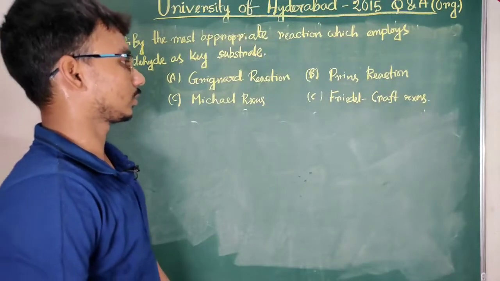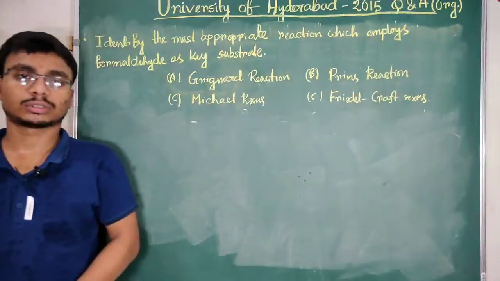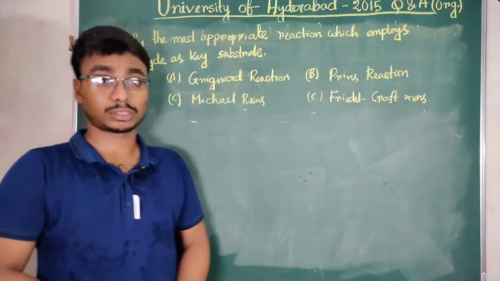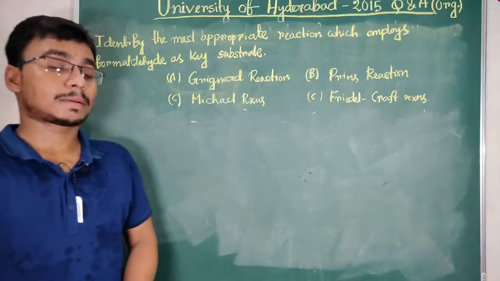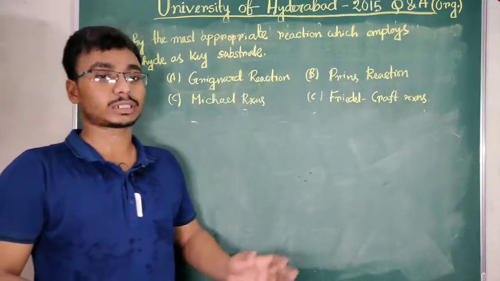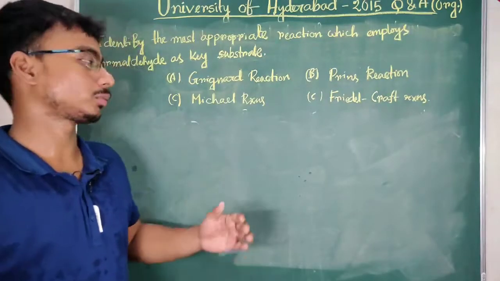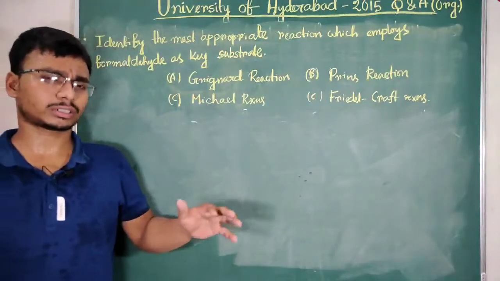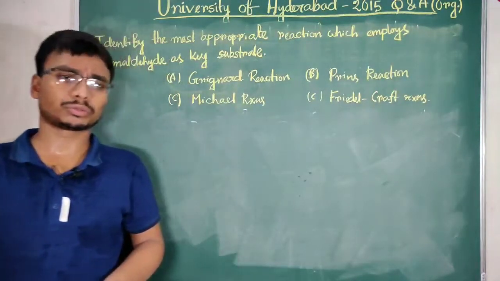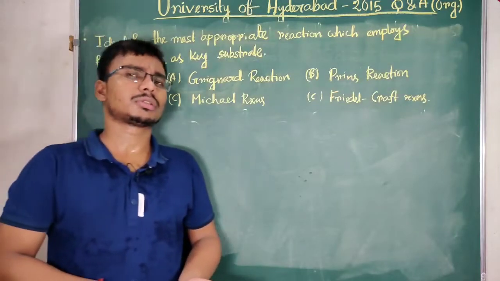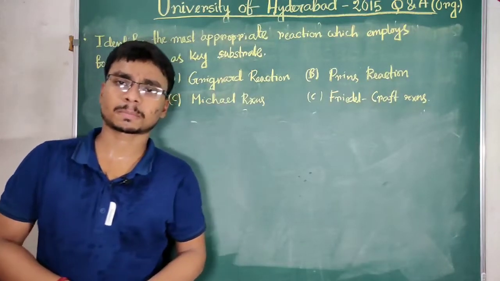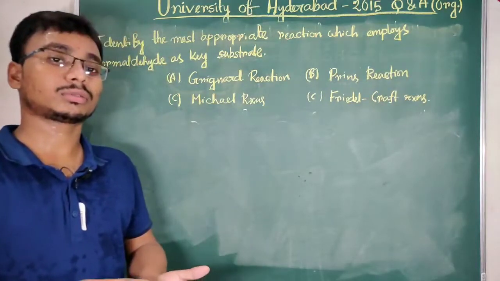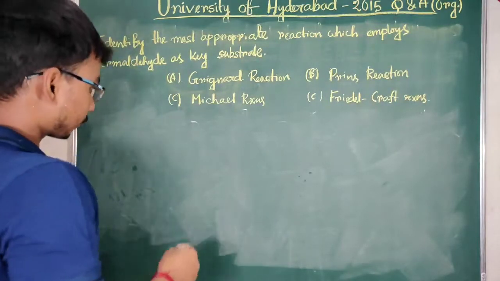Because when we want to prepare higher chains like propyl benzene, butyl benzene, then they rearrange themselves and form a stable carbocation, and we will not get the exact product. But if we use Friedel-Crafts acylation, whatever product you want to get, you will get that product.